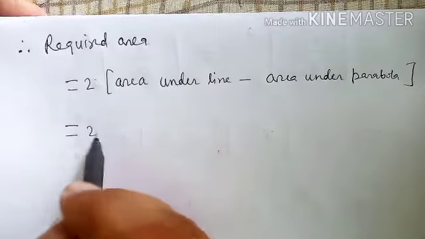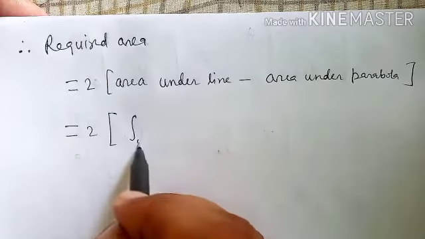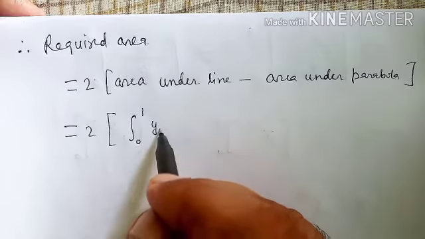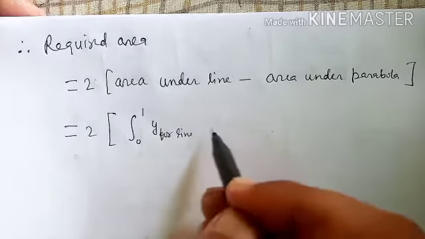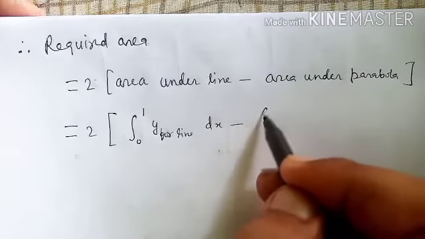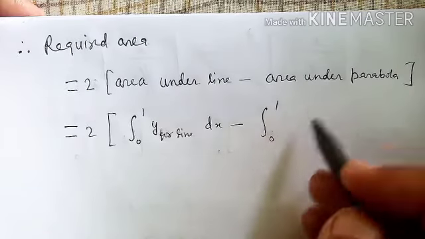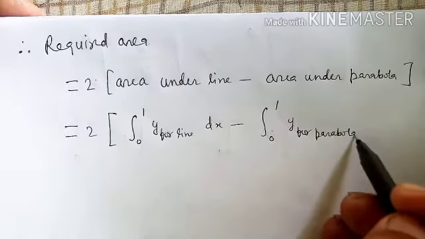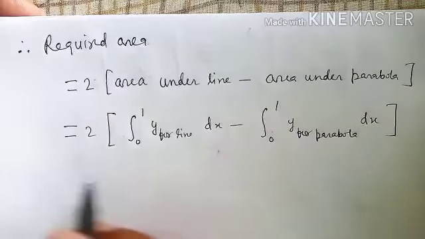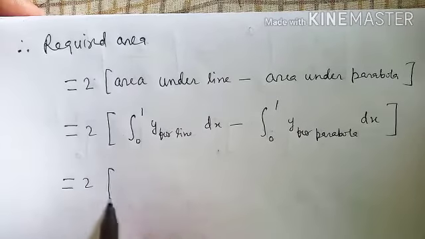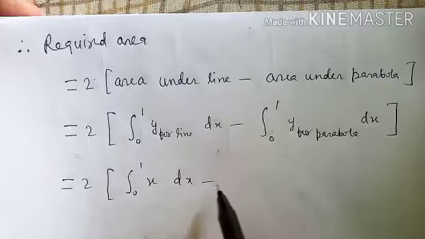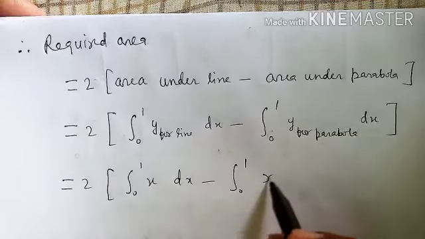So area under line is integral from 0 to 1 y for line dx minus 0 to 1 y for parabola dx. So we have y for line is x, y for parabola is x square.